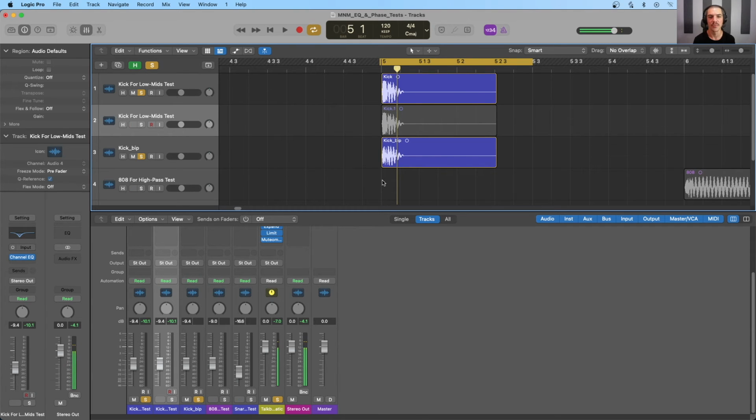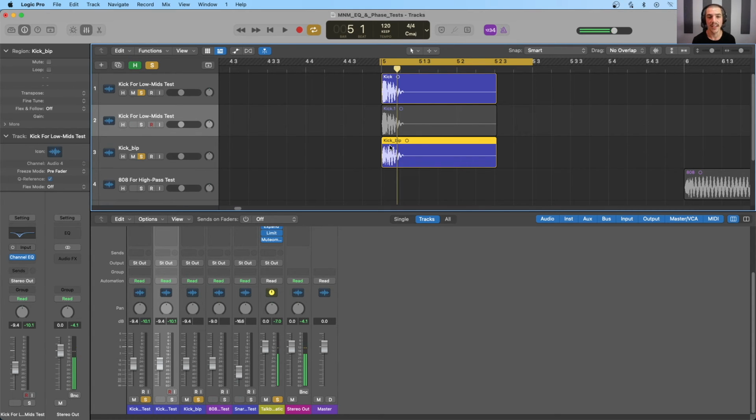So with that little experiment right there, I just wanted to show you how important phase is when it comes to transients and low end energies, and how just a slight tweak or shift of phase can really alter the way that two instruments interact with each other. In this case, when we took the affected kick drum and nudged it slightly early, the transients didn't really align with the original, and we ended up with a situation where the kick drum didn't sound as transient or powerful as it should.